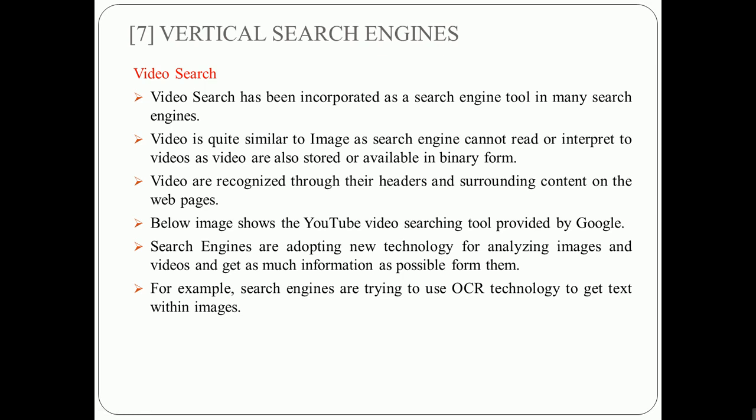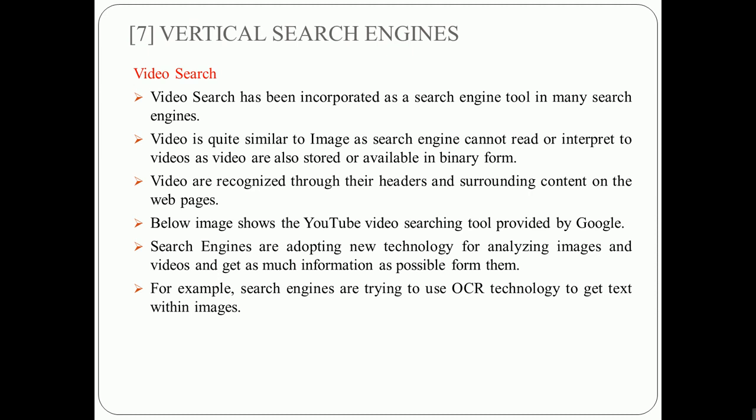Now the next vertical search is video search. Video search has been incorporated as a search engine tool in many search engines. So you can also search with the use of video search. Video is quite similar to image search as we have previously seen.